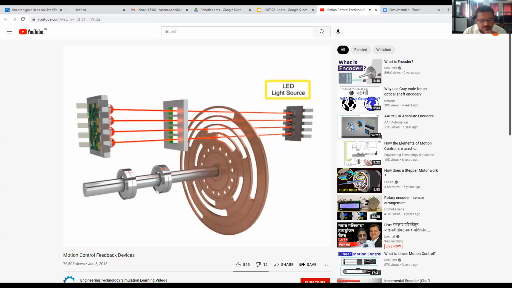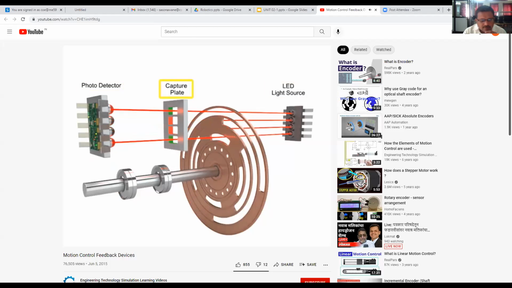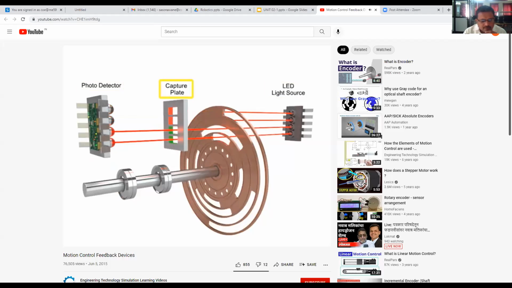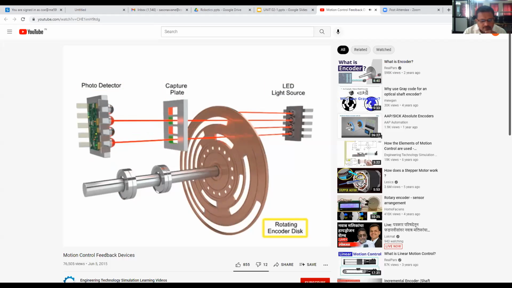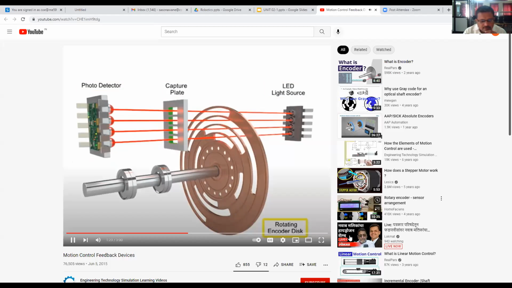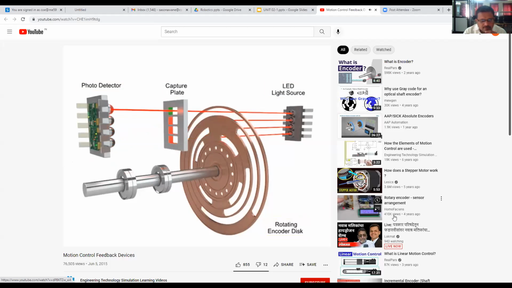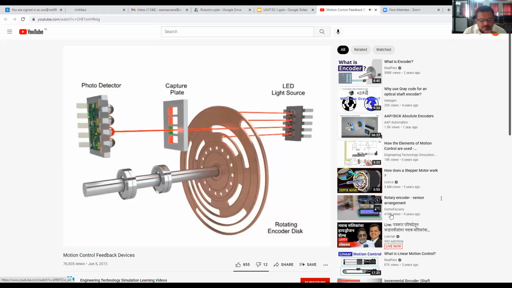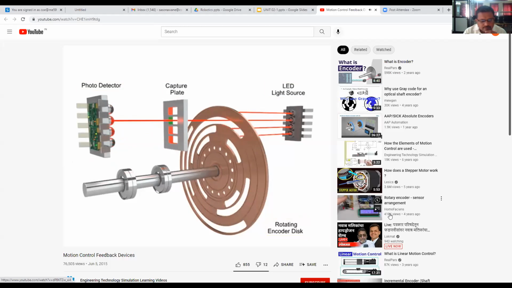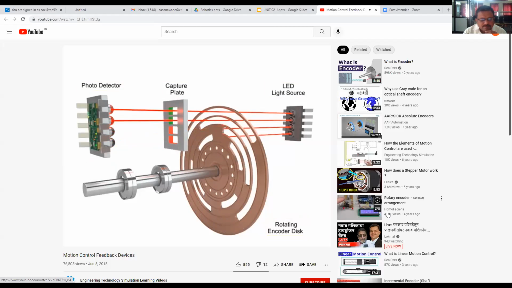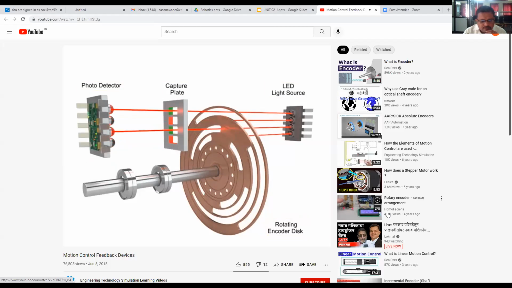A light source located on the opposite side of the photocells passes light through a capture plate. As the encoder disc rotates, light is either transmitted or blocked according to the pattern. The received light provides a 4-bit word that indicates position of the actuator or device the encoder is mounted to.